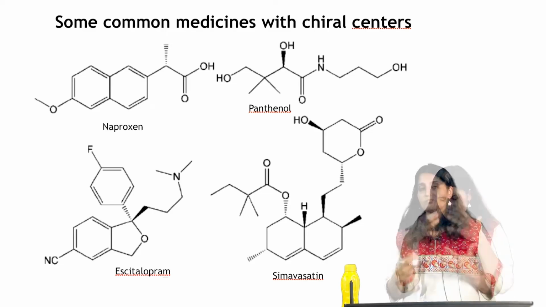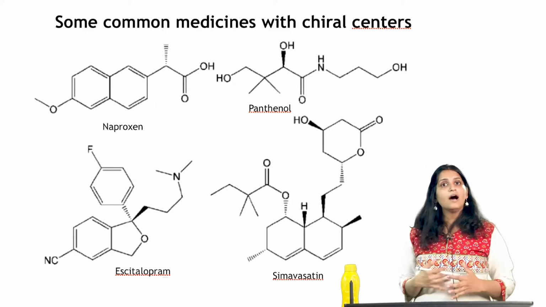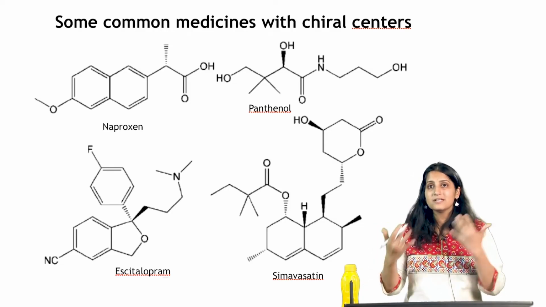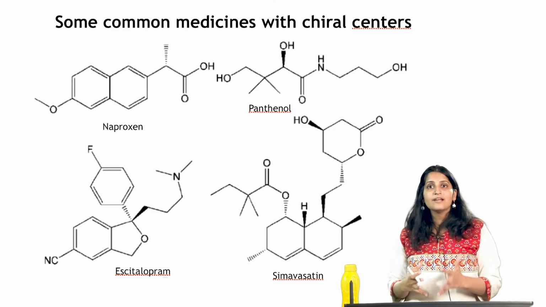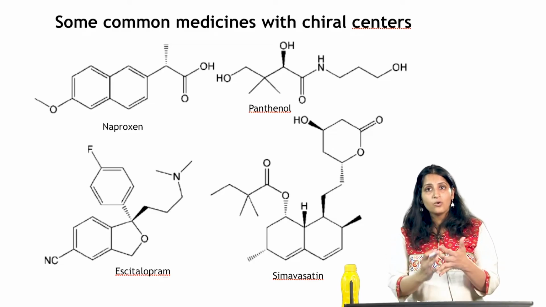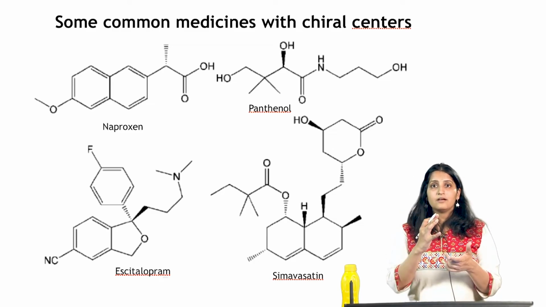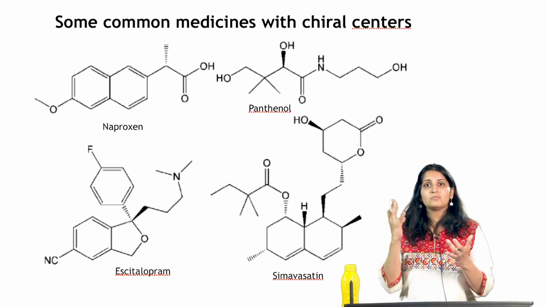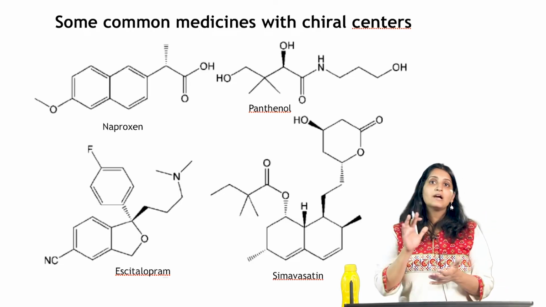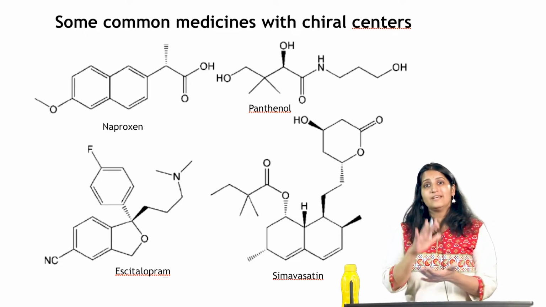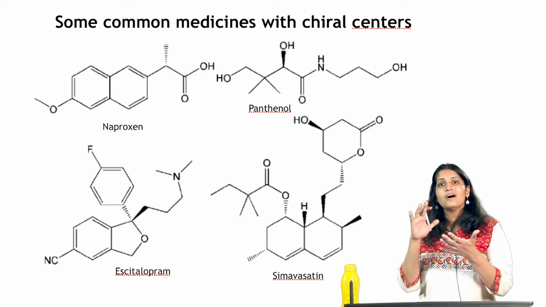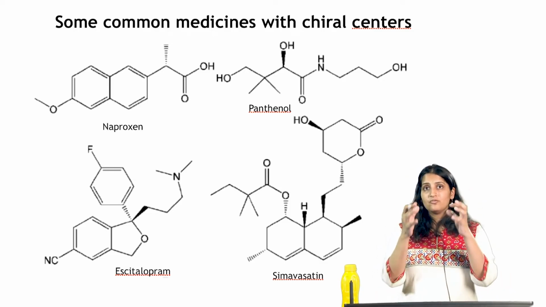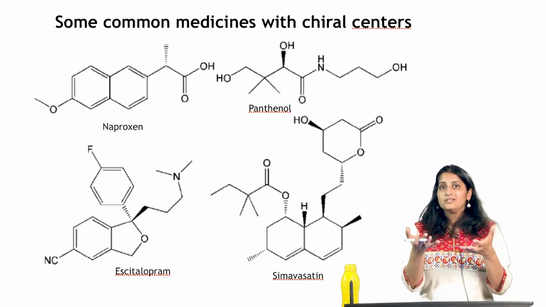So, as you can see, most of the drug molecules in the market today are chiral in nature. In fact, I am going to say some of the other names that you must have heard which are really chiral in nature. So, cholesterol, cocaine, morphine, then you have sucrose, glucose, most of the sugars, most of the amino acids are all chiral in nature, progesterone, estrogen, all of these molecules are going to have some one or the other chiral center in their structure.